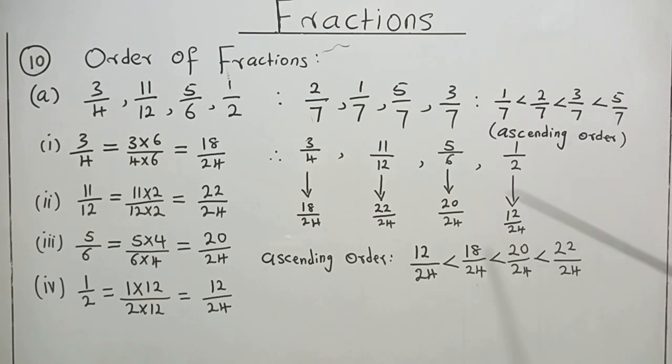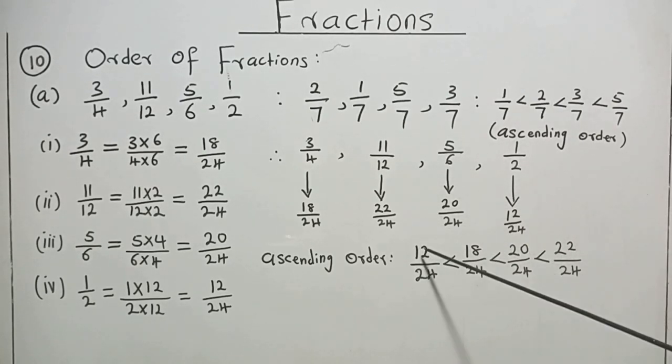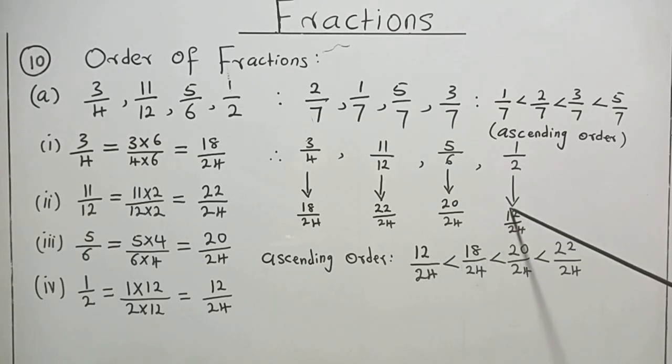Because we have arranged these fractions in this order, we can as well arrange the original fractions in ascending order. Since this corresponds to which one, please? This 12 over 24 corresponds to 1 over 2.